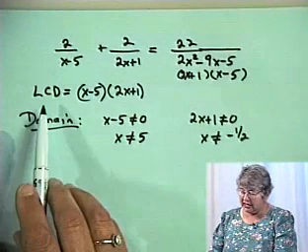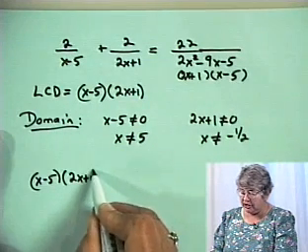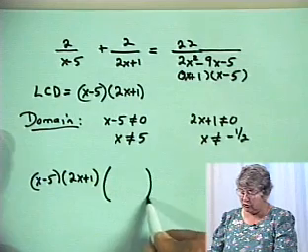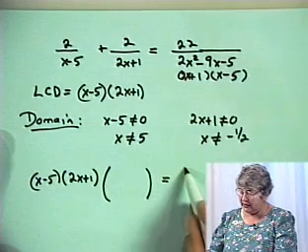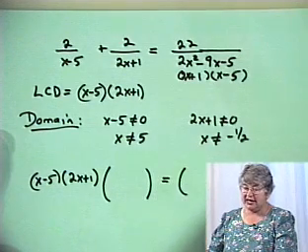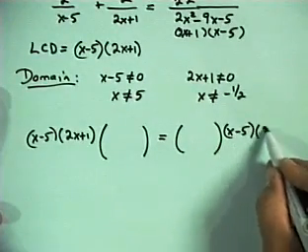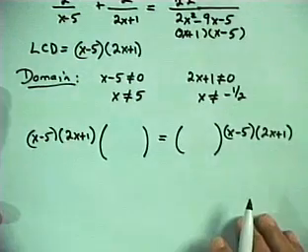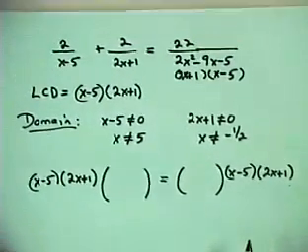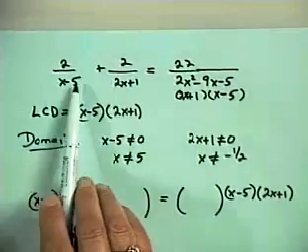So now we'll multiply both sides by the lowest common denominator to eliminate the denominator. So we'll multiply the left-hand side of the equation by that, and we'll multiply the right-hand side of the equation by that. So we have the right-hand side multiplied also by that lowest common denominator. The left-hand side of the equation had two terms.